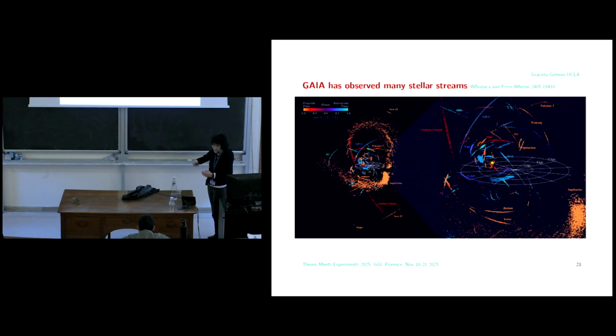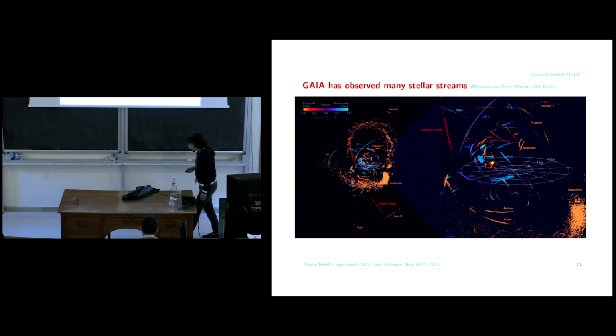And when something is tidally disrupted, there are two trails, one that is advanced and the other delayed. Here it is, one of the trails. This is another trail, but there are several. And look, these are all different streams, of course, observed in stars.